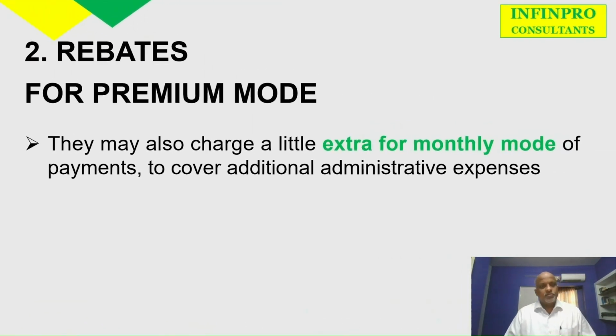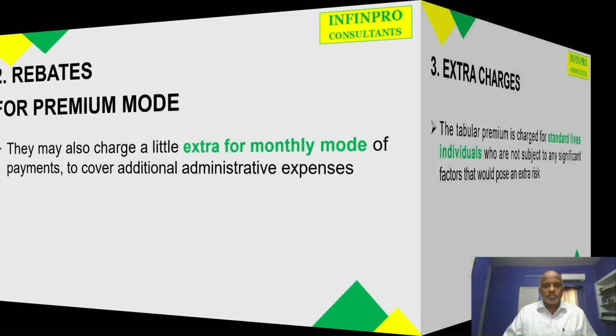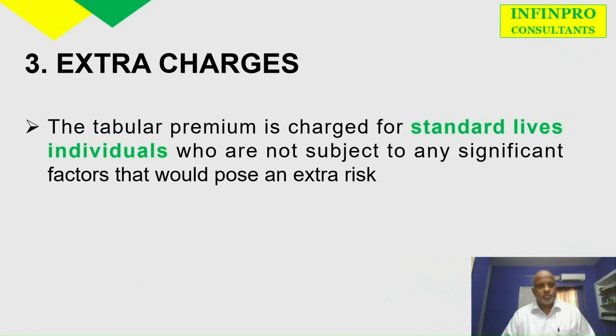The flip side of the statement: if he chooses to pay premium on a monthly mode, he would be paying a little extra when compared to yearly mode. Similarly, the other modes available are monthly, quarterly, half-yearly and yearly. The four different modes available in life insurance policies.